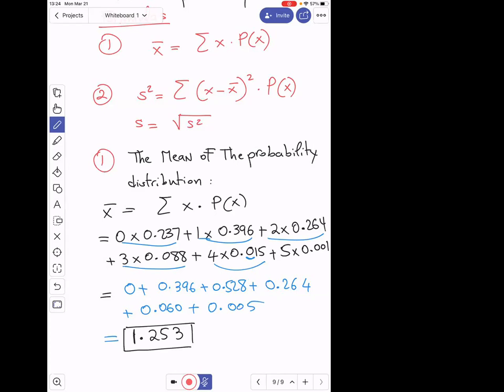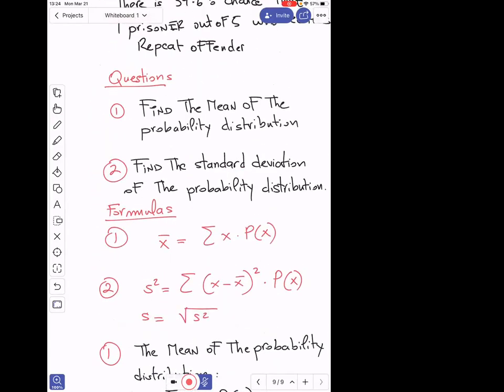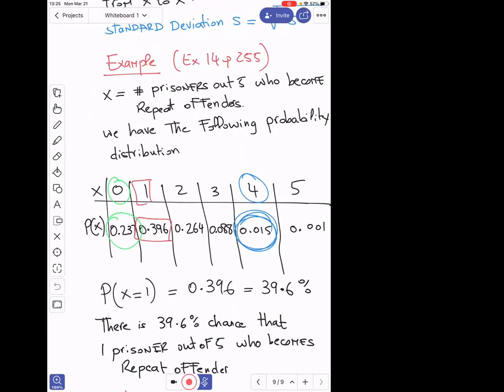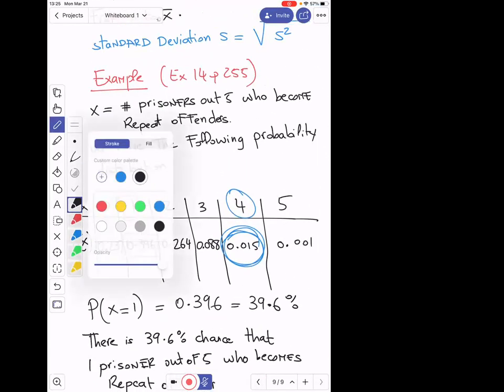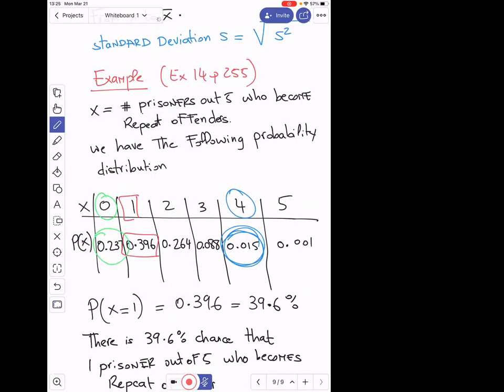So now, what does this number mean? What does it mean for x bar to be equal to 1.253? Here, x represents the number of prisoners out of 5 who become repeat offenders. That's your x, so x bar would be the expected number of x.